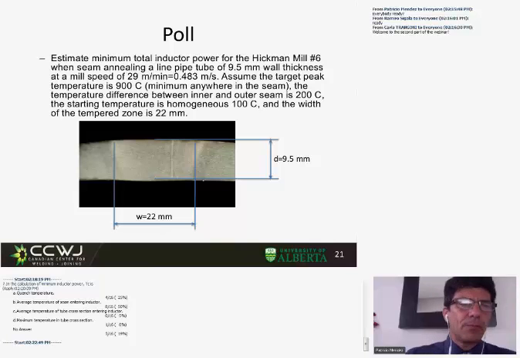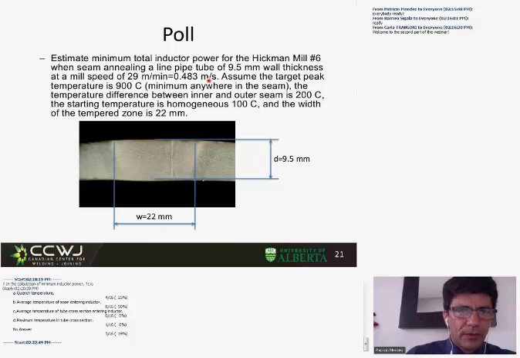Estimate the minimum inductor power for a particular case. In this case, I'm using as an example the Hickman mill number 6, and considering a wall thickness of 9.5 millimeters. I'm giving you the mill speed, both in meters per minute, and in meters per second, that is the units that are in the formulas.